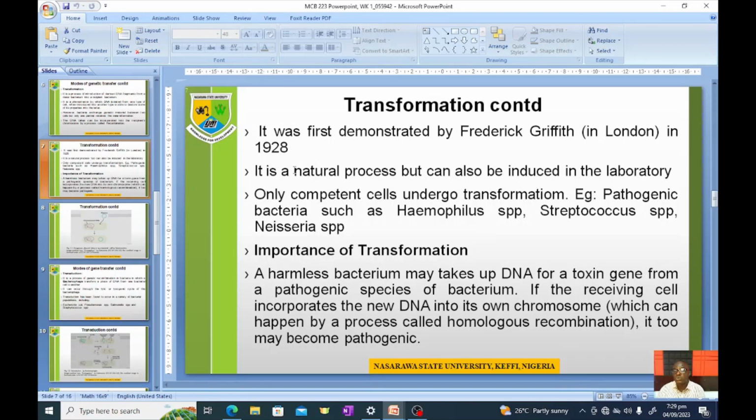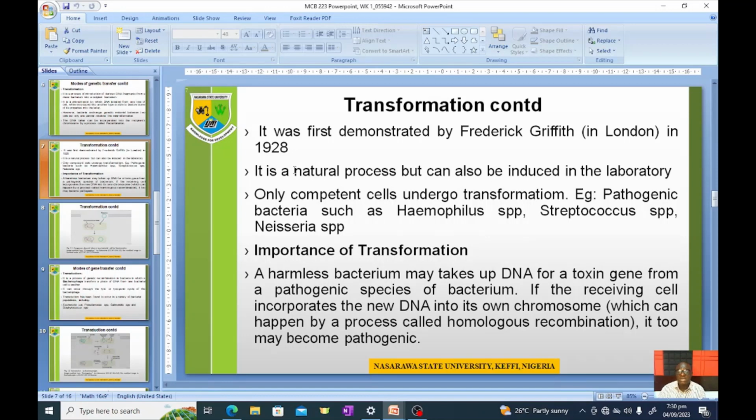If they are not able to recombine, then the process could not take place. And only certain bacteria are able to do such. For example, pathogenic bacteria such as Haemophilus species, Streptococcus species, and Neisseria species are examples of competent bacterial cells that exchange genetic material through the process or mode of transformation.